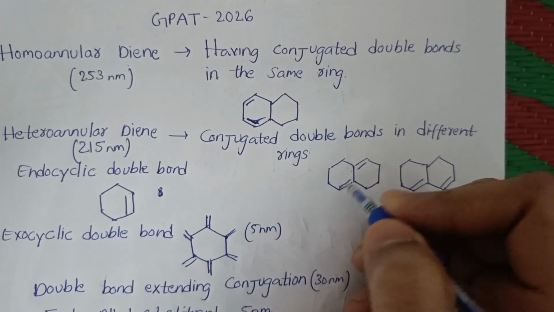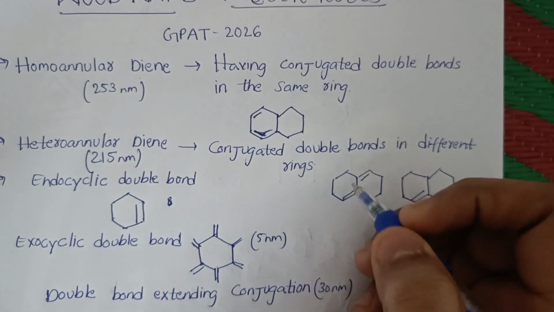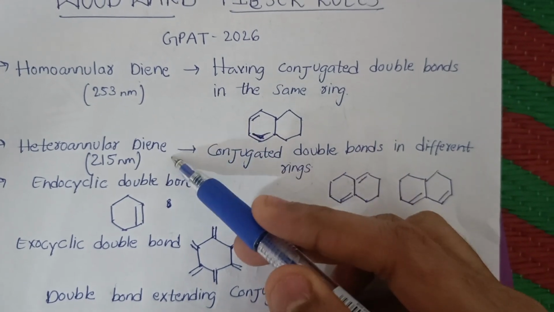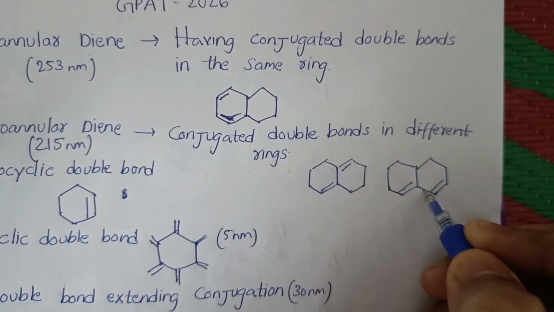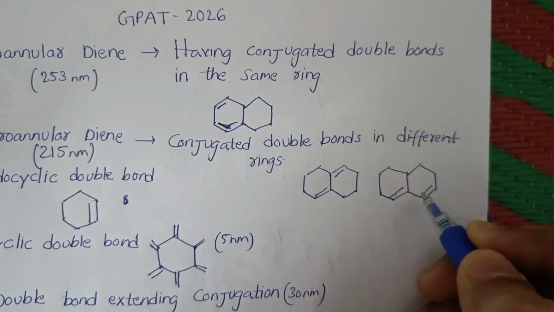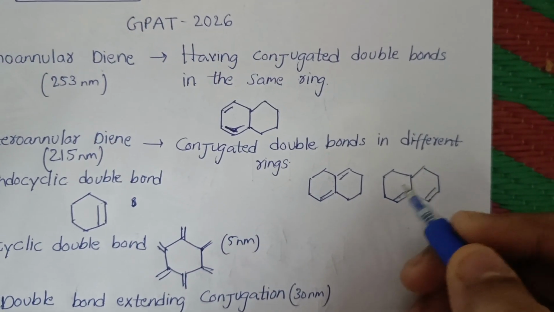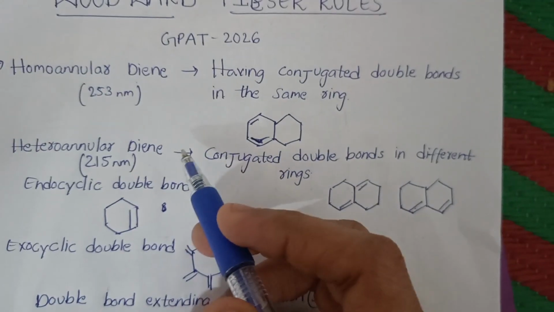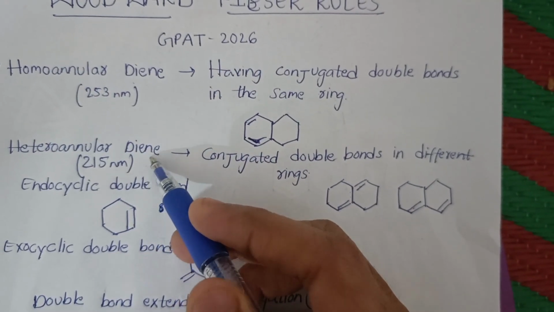So when these conjugated dienes are shared between two rings, we consider it a heteroannular diene. Here also you can see double bond, single bond, and double bond. So here the conjugated dienes are shared between two rings. That's why we consider this a heteroannular diene, and they gave 250 nanometers for heteroannular dienes.